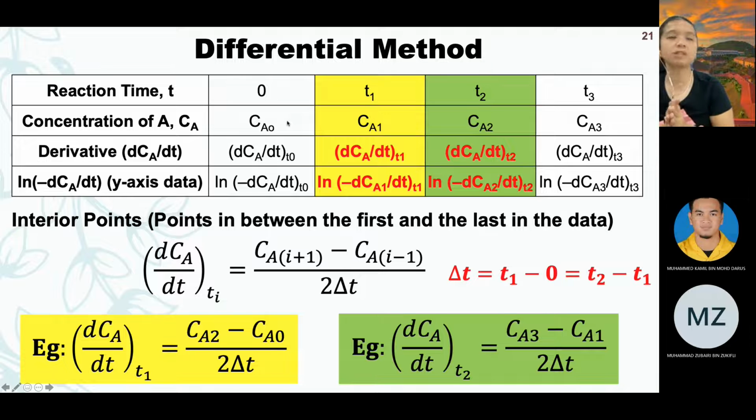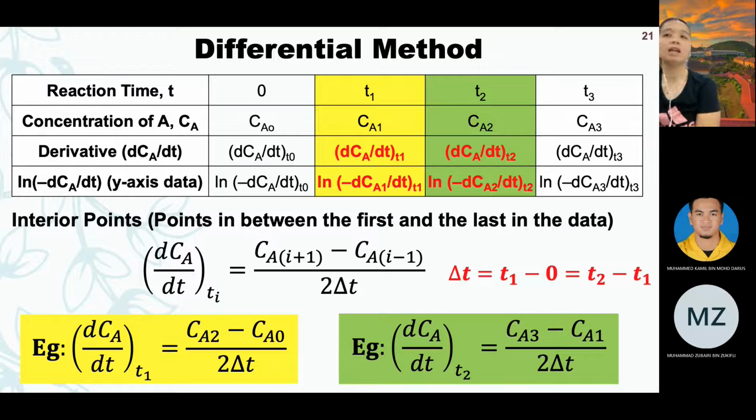So maksudnya, dia akan menjadi Ca2 minus Ca0. Okay, so again I repeat. Untuk mendapatkan dCA per dt untuk T1, yang kotak kuning ni, kamu kena ambil kepekatan selepasnya Ca2 minus the concentration before the reading, Ca0, divided by, again, same, 2 delta T.